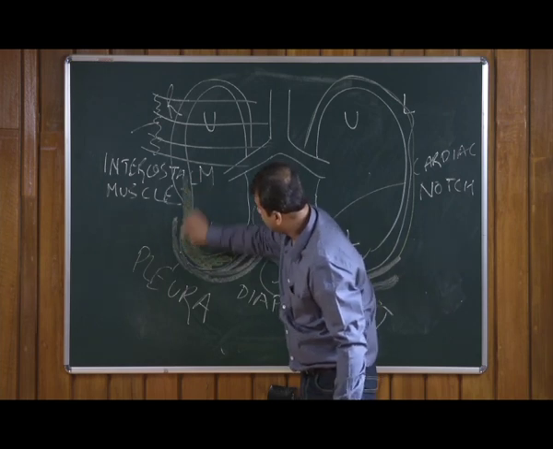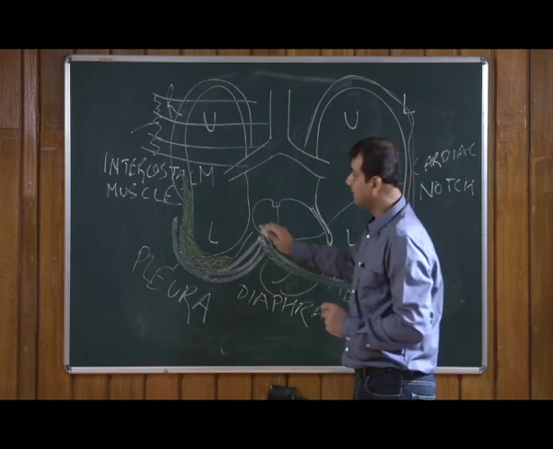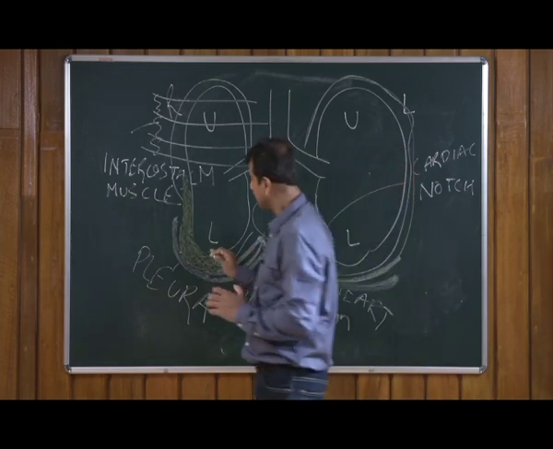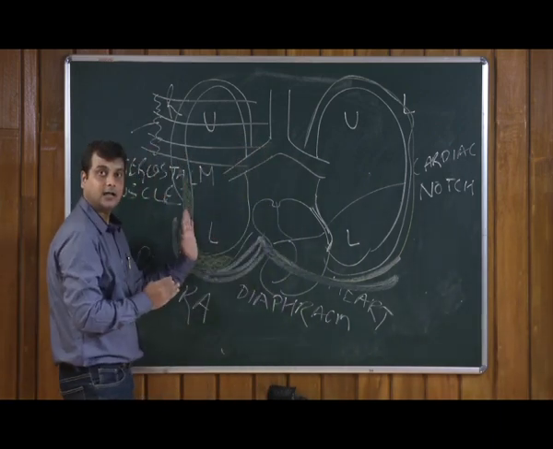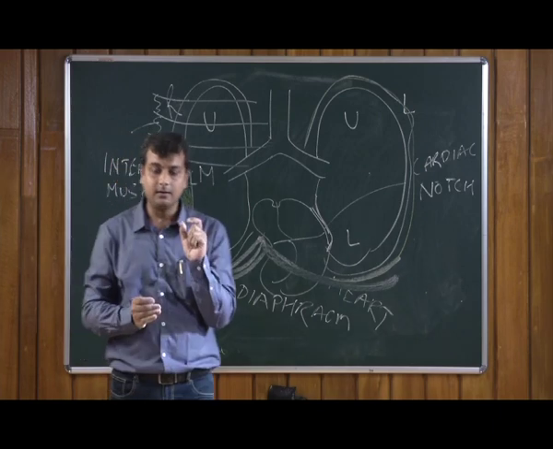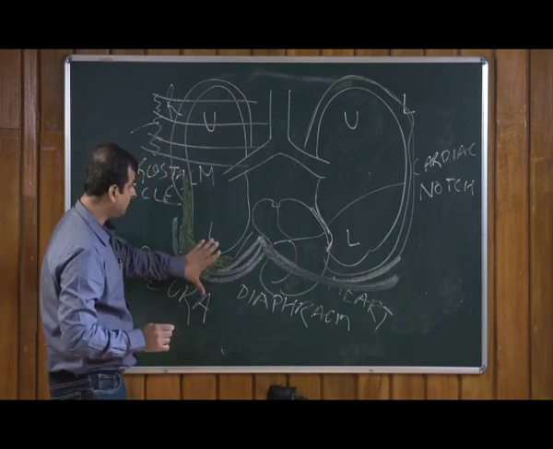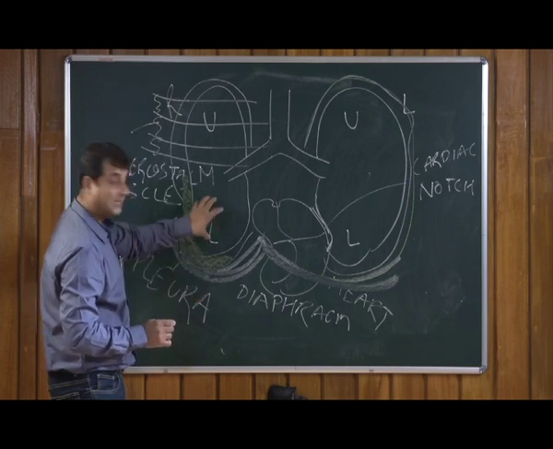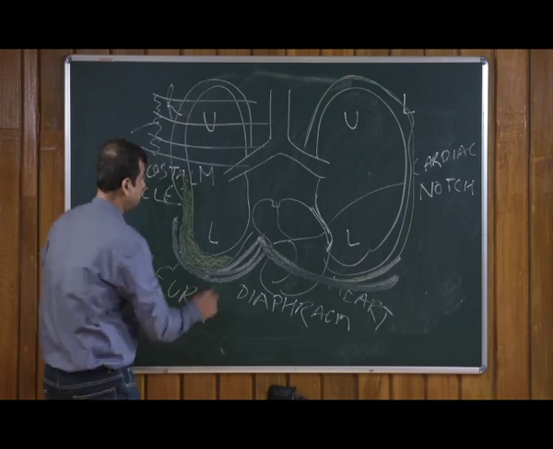So this whole area gets filled with fluid at the time of inflammation, and this fluid exerts a kind of force on the lung, causing distress in respiration. The condition where we have inflammation of the lung lobe and the pleural cavity is called pleuritis.